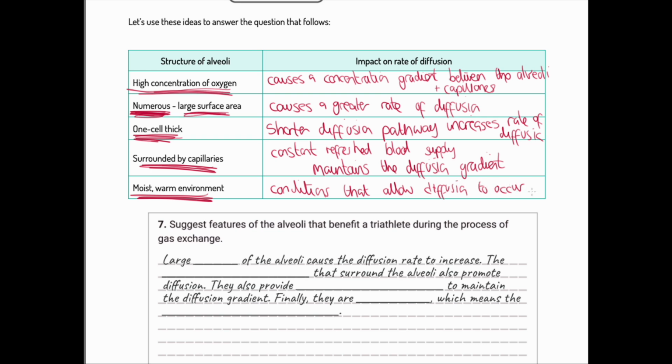And then we've got our exam question. Let's answer that in blue. Again, we look at: suggest the features of the alveoli that benefit a triathlete during the process of gaseous exchange. Looking at the answers above, we've got a large surface area of the alveoli that causes the diffusion rate to increase.